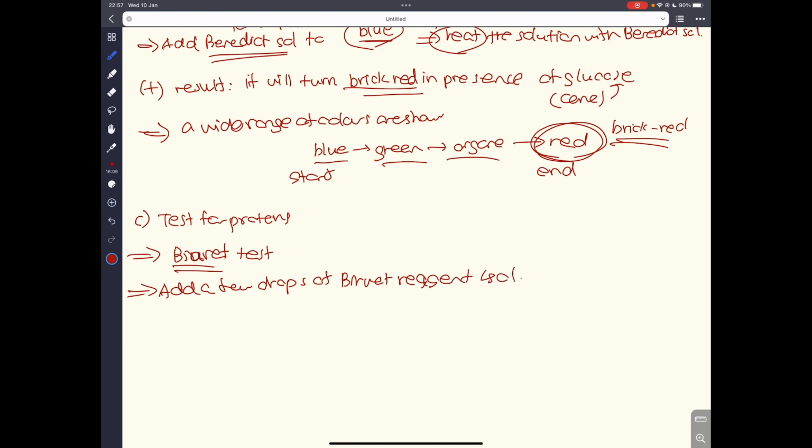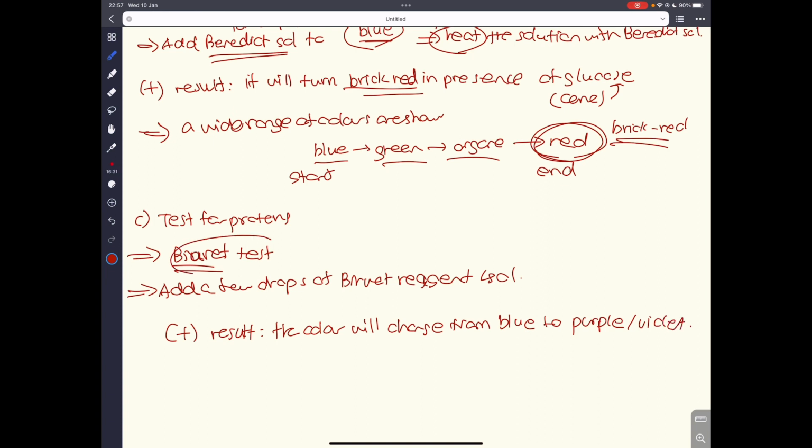Now if protein is present, positive result meaning protein is present, then the color will change from blue to purple or violet. Now the Biuret solution itself, the reagent solution itself, is blue in color.